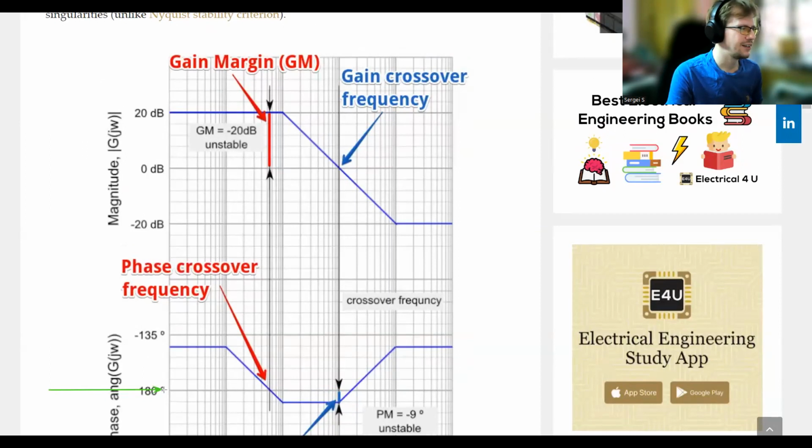Phases. The dangerous phases are 180 degrees. Okay, this is the dangerous part. 180.